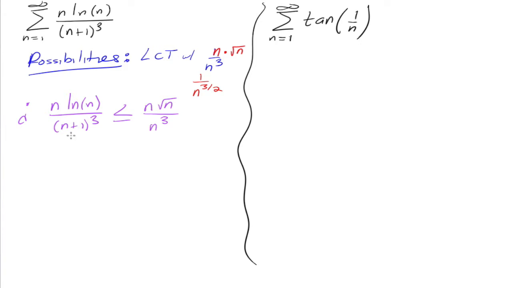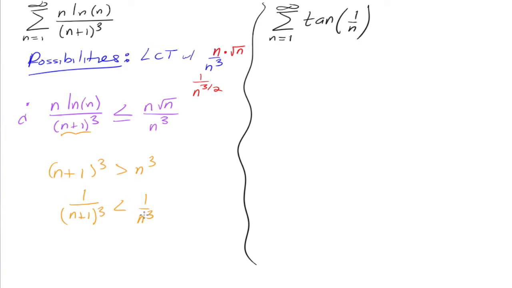So the denominator part is okay, right? Because n plus 1 cubed is obviously greater than n cubed, so 1 over n plus 1 cubed is less than 1 over n cubed.